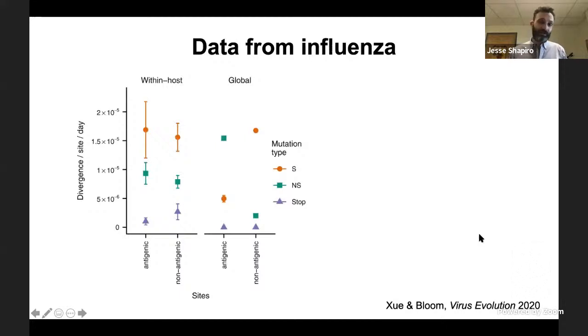This is some data to support this. This is analysis from Catherine Zhu and Jesse Bloom, where they looked at genome sequences from influenza. And again, similar to our epitope mapping, they have antigenic and non-antigenic sites. So these are basically equivalent to epitopes or non-epitopes that antibodies bind to.